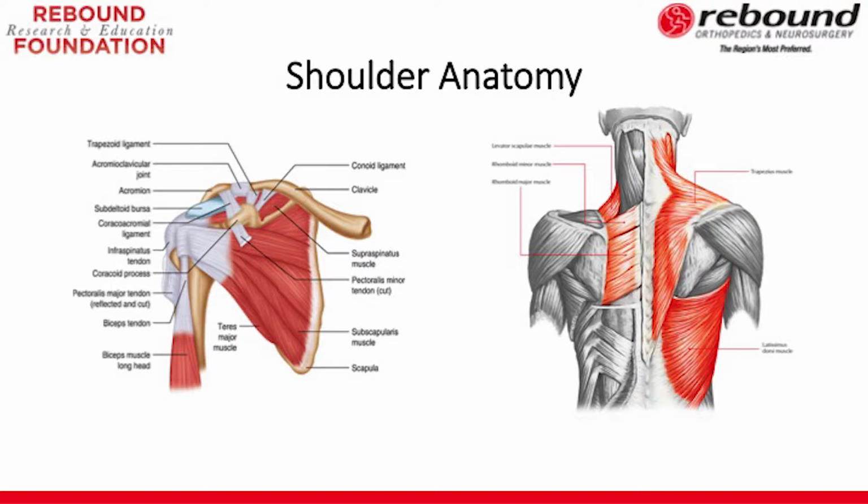And I use this model a lot. We do have a model that's not broken, but I really like the broken one, because otherwise people can't really see in here. With the glenohumeral joint, with the flat, smaller socket and the large ball, the rotator cuff muscles, some of which pass underneath the acromion here.